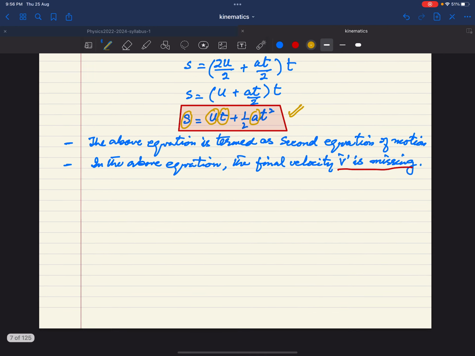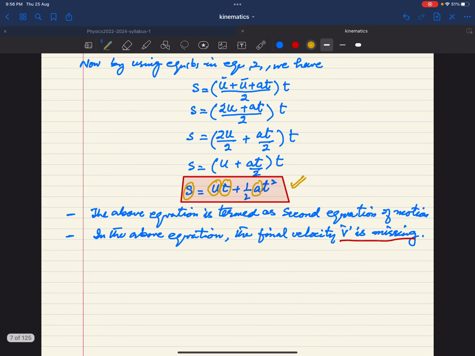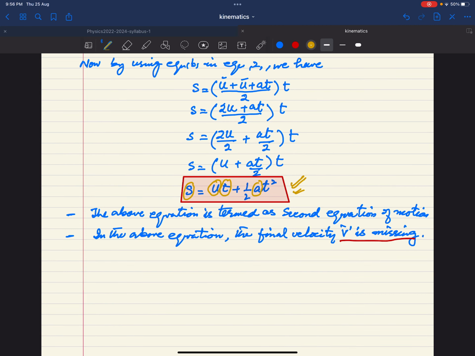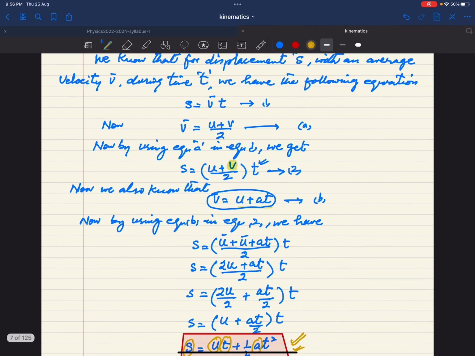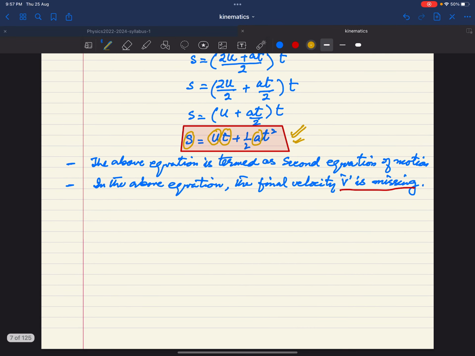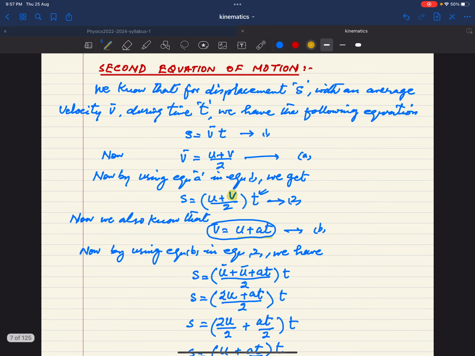This is very important: you will use this equation when the final velocity is missing from the data and you want to calculate the displacement. I hope you have understood this. If you have any problem, you can ask in the comments.